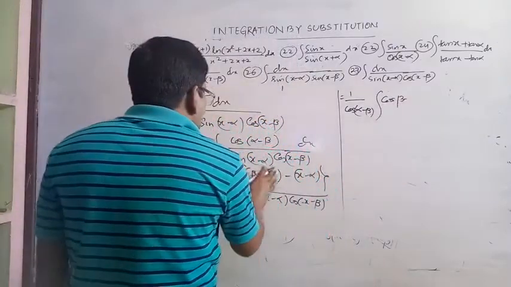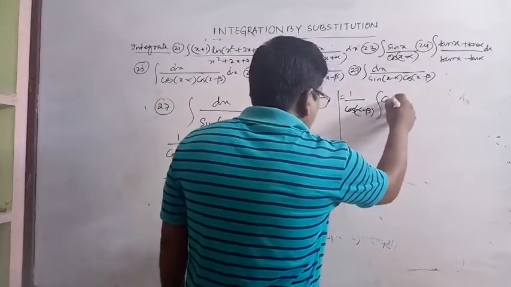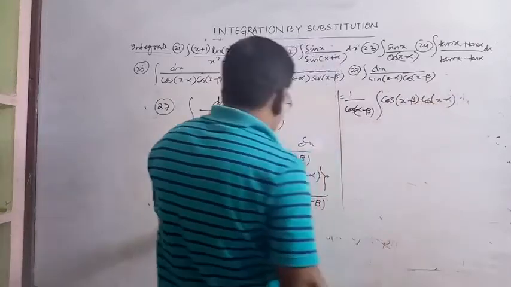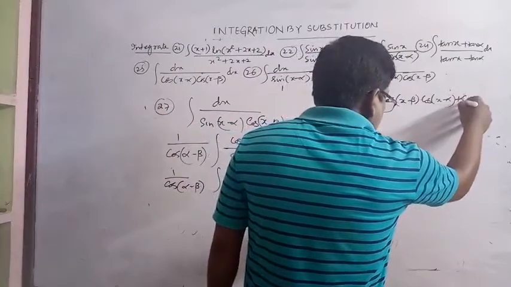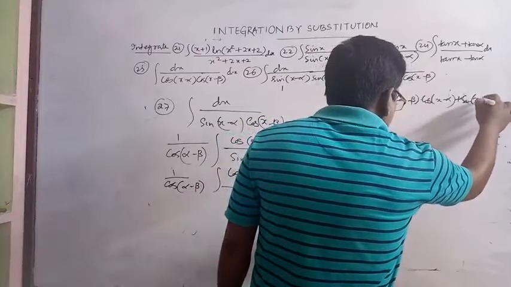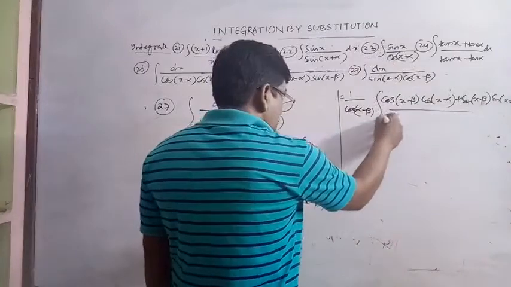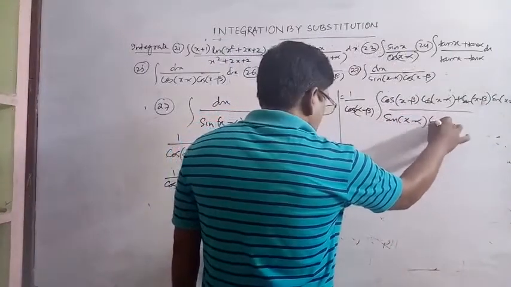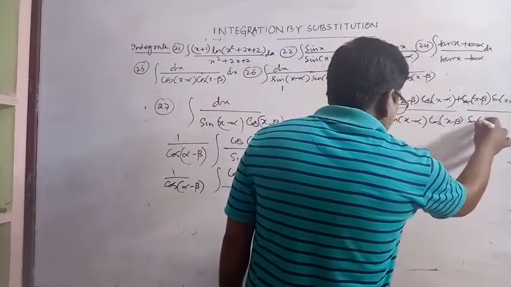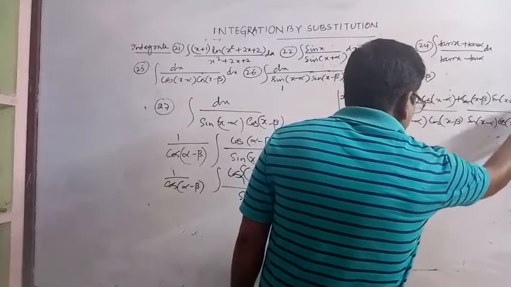Sorry, this is x − beta, not beta − x. So cos(x − beta) into cos(x − alpha) plus sin(x − beta) into sin(x − alpha), divided by sin(x − alpha) into cos(x − beta), whole dx.